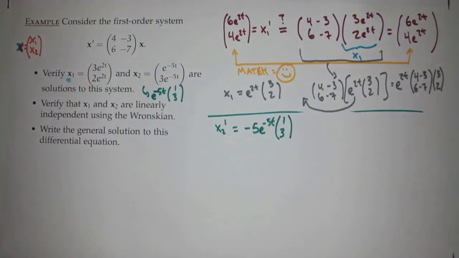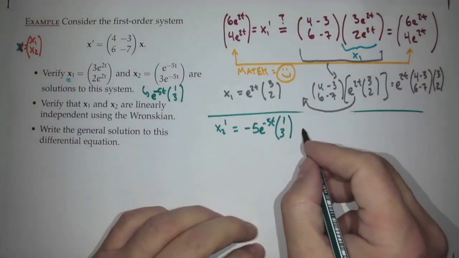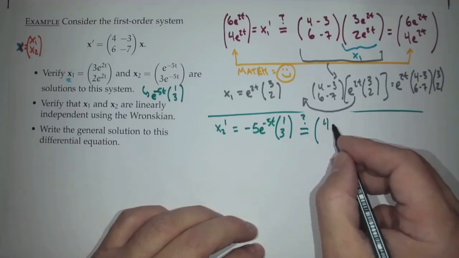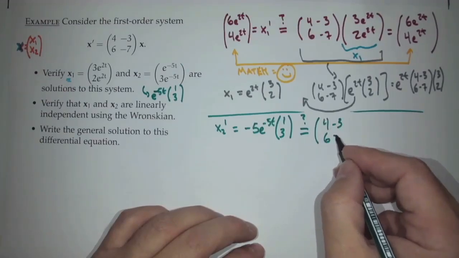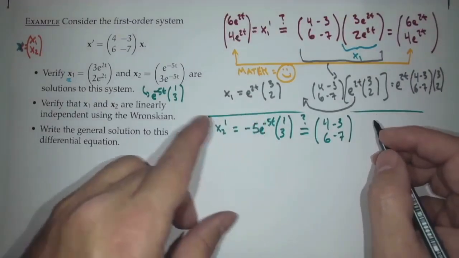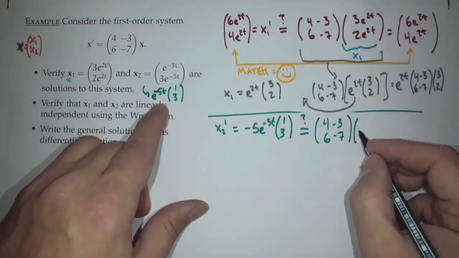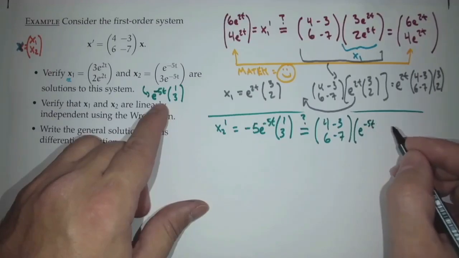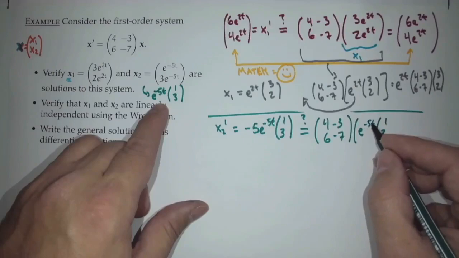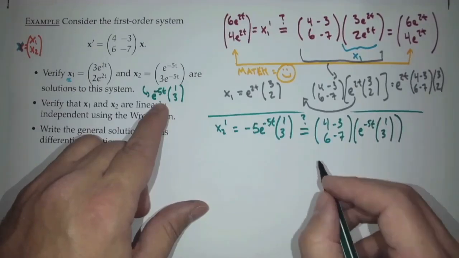And now we ask the question, does this equal 4 negative 3, 6 negative 7 times our x2? Again, I'm going to use it in this format where I've pulled out a scalar. e to the negative 5t, 1, 3.